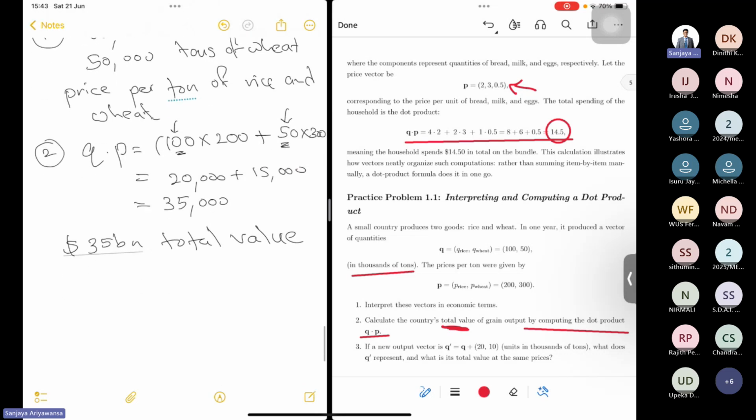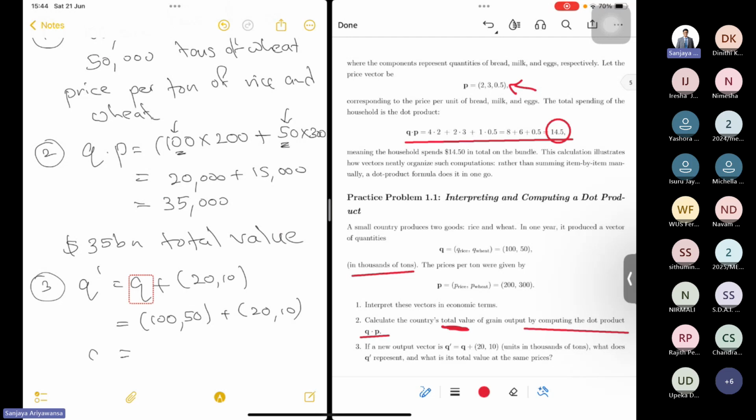And then if a new vector is q prime, so we are defining a vector here, q prime, which is q plus 20 comma 10. What was q? Our q is 100 comma 50 plus 20 comma 10.